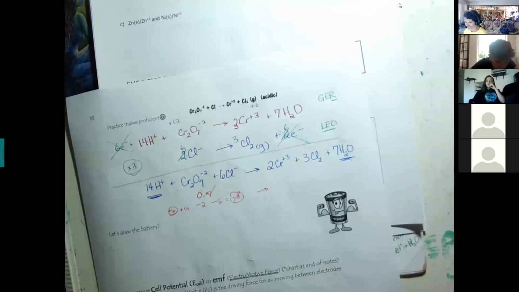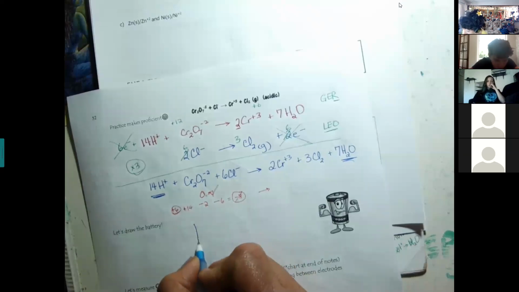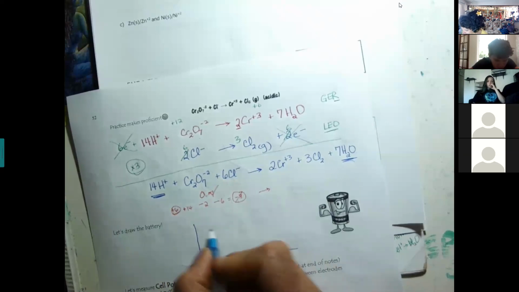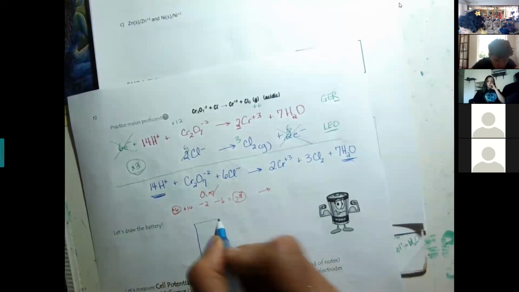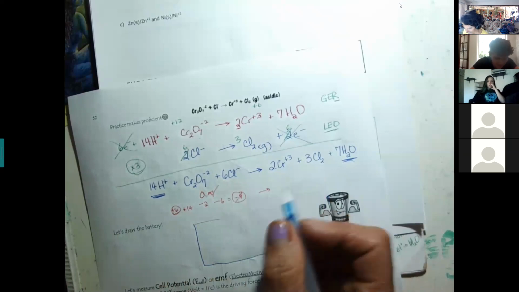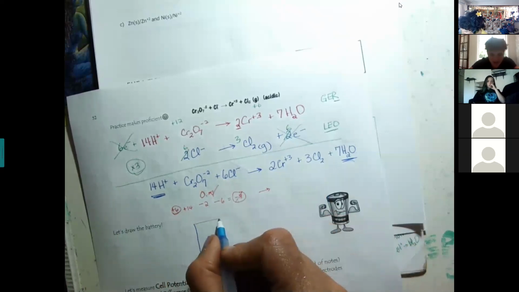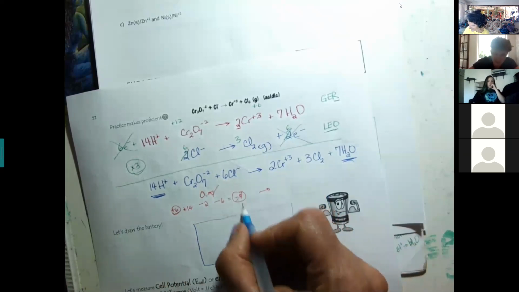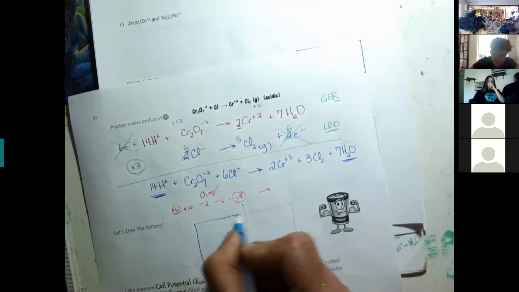We're going to draw the battery. I'm going to show you a slightly different way to draw it. I recommend, I'm going to draw it still the way we did. You will see where they will draw one piece and they will split it into 2.